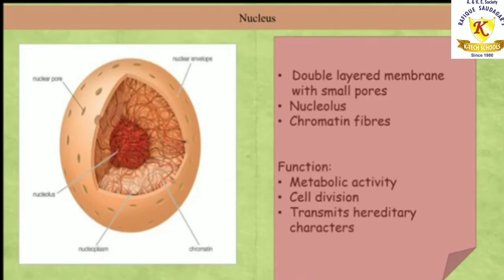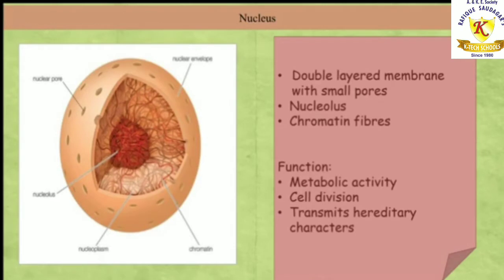So what is the function of the nucleus? It controls all the metabolic activities of the cell and also the cell division. It is involved in the transmission of hereditary characters from parents to offspring.